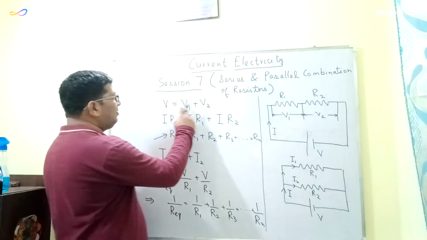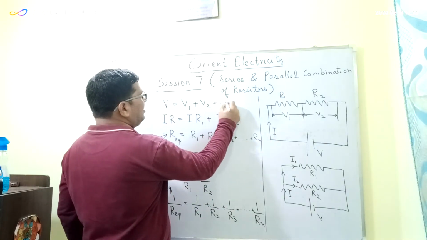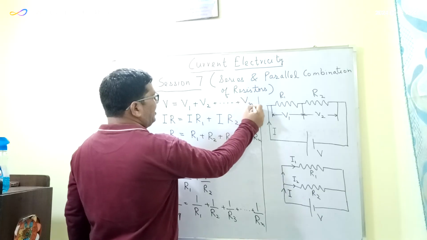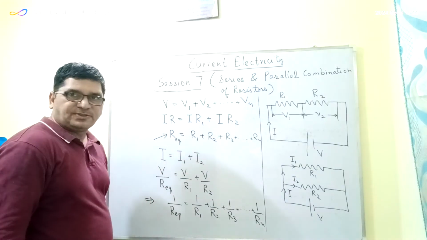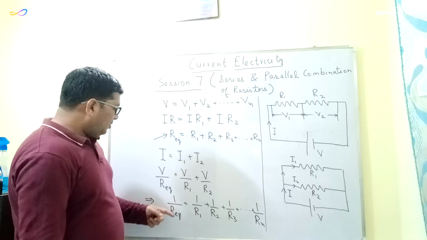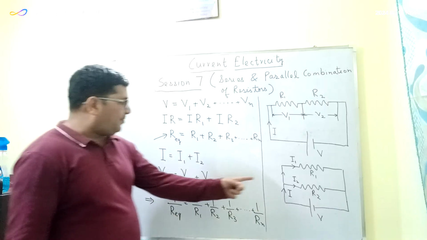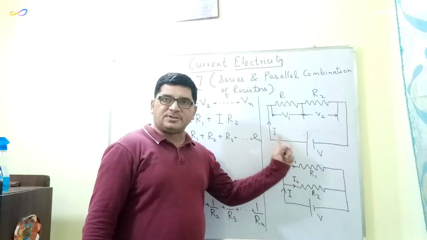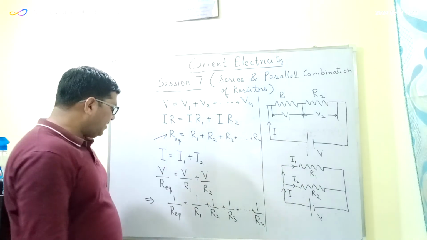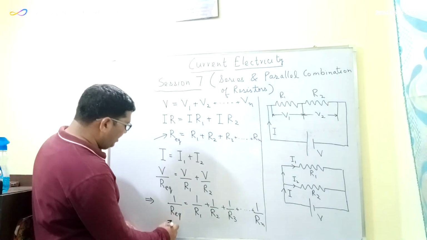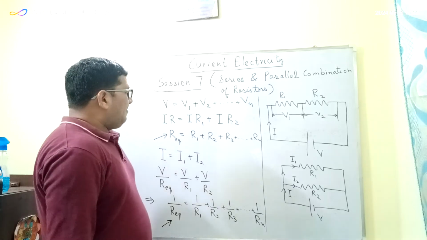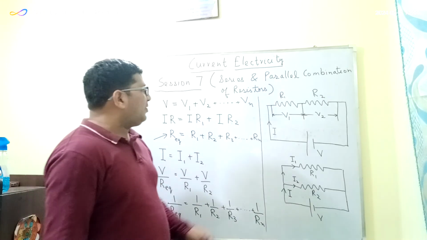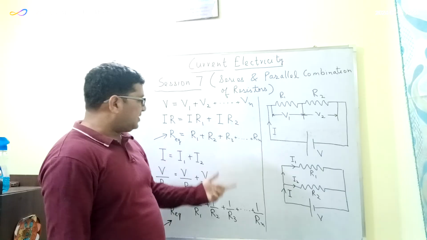So V is equal to V1 plus V2 plus, it can be up to Vn, where n is the number of resistors. And in the case of the parallel combination, the potential difference across each resistor is the same. So based on this concept, we were able to find this relation, and these were some of the important points which I wanted to discuss in this session.